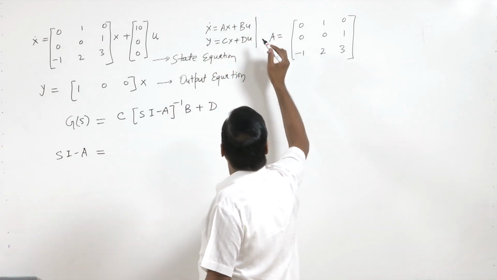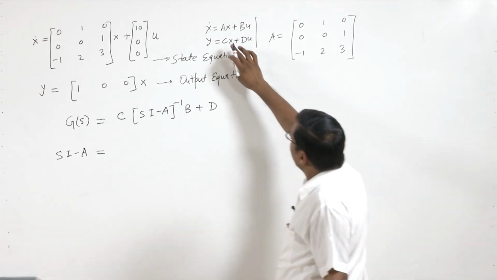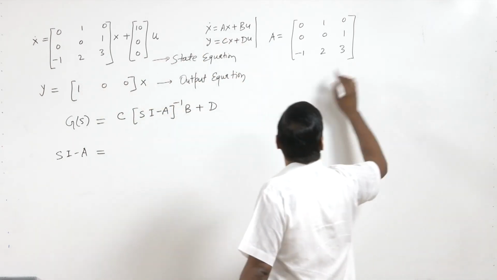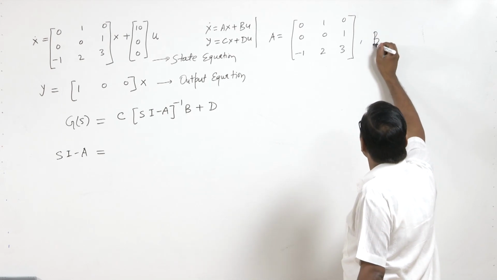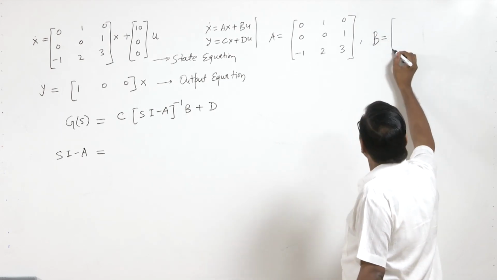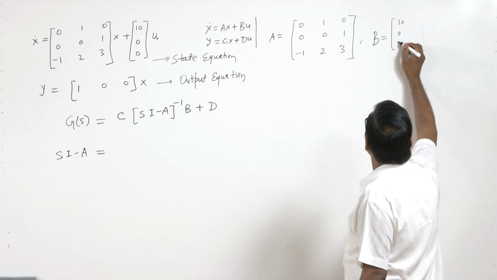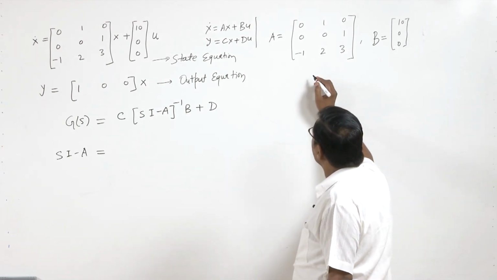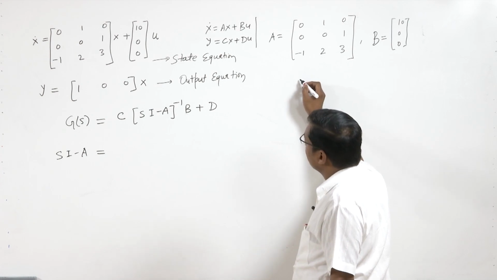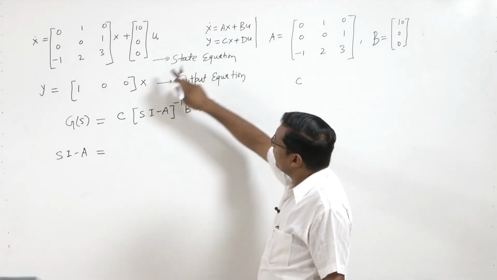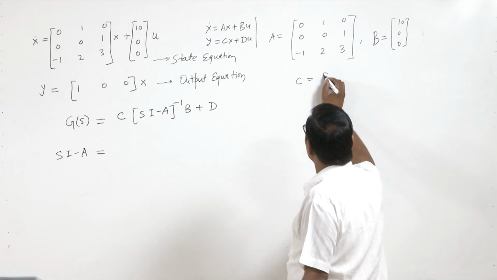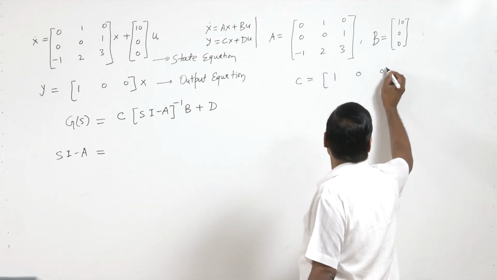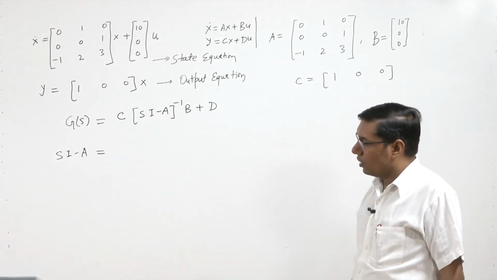So A is this matrix, B matrix equals 0 0 1, the C matrix equals 1 0 0, and the D matrix is null.